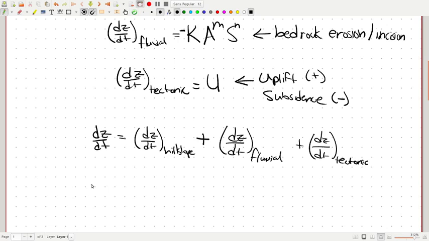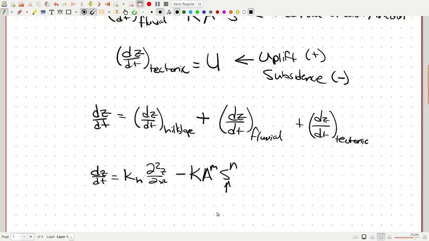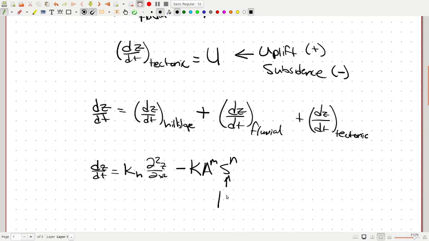So if I combine all these together, then what I have is dz over dt is equal to k sub hillslope times d squared z over dx squared, plus, or rather minus, K times the drainage basin area to the m, the slope to the n, and just so we can have something in here, I can mention that the slope is going to be the absolute value of dz dx.